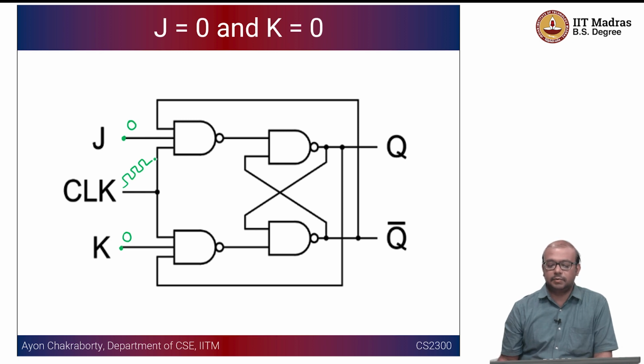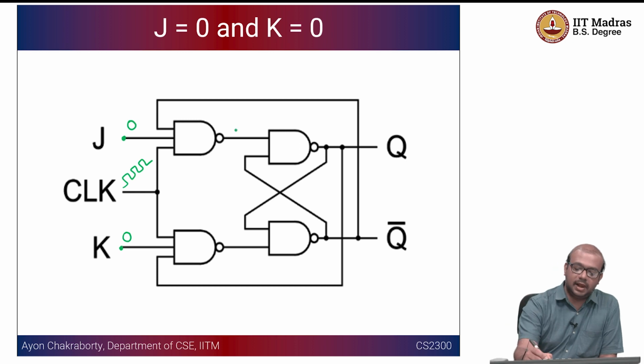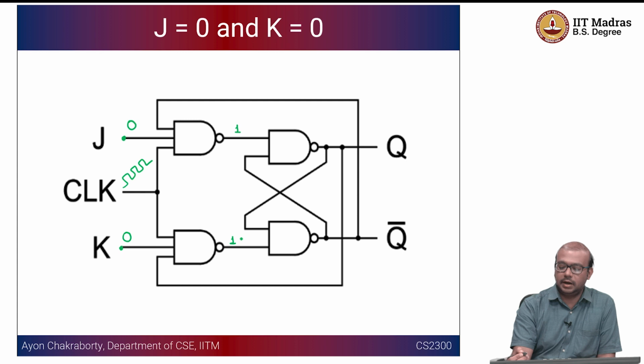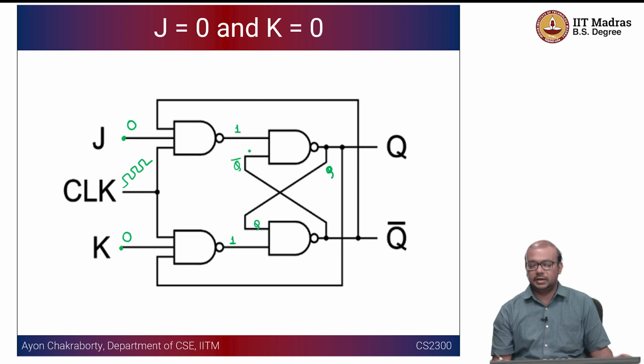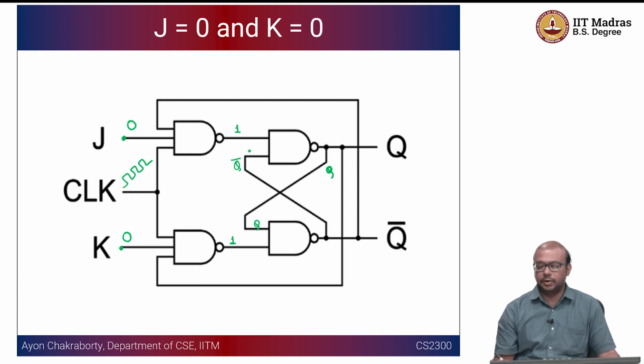But since J is equal to 0 and K is equal to 0, this value must be equal to 1 here. And this is Q, and here you have Q bar. Now you can take any values and test out what is going to happen.